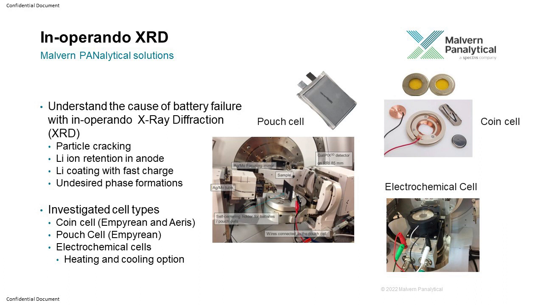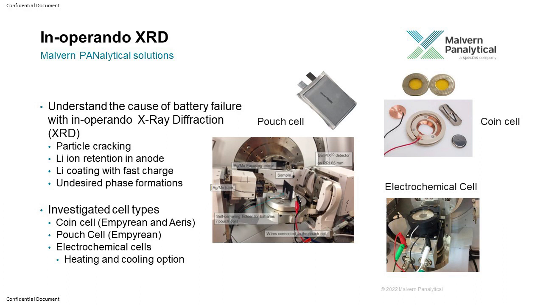Or we also provide an electrochemical cell. It is the same as the coin cell, but if you don't have, say, the facility to make pouch cells or coin cells, then what we can do is provide you an electrochemical cell. In this electrochemical cell, you can put whatever you are putting here: your electrodes, the cathode material, the anode, the separator, and the electrolyte.